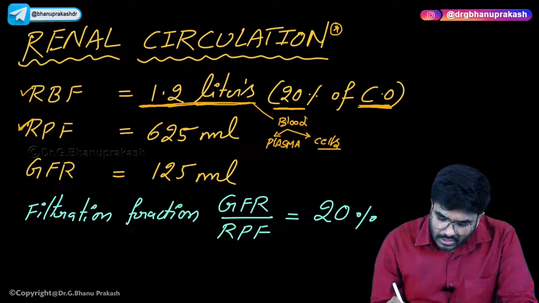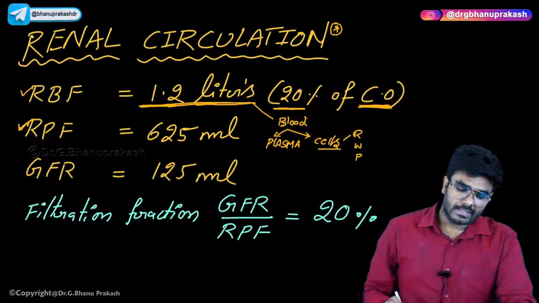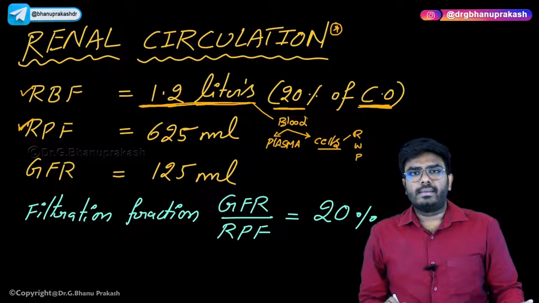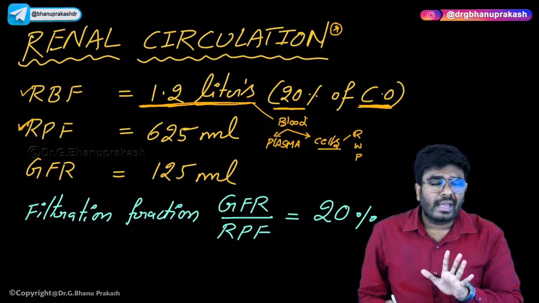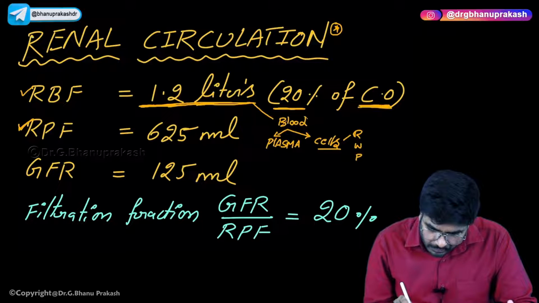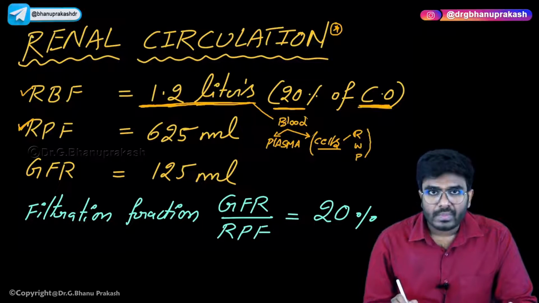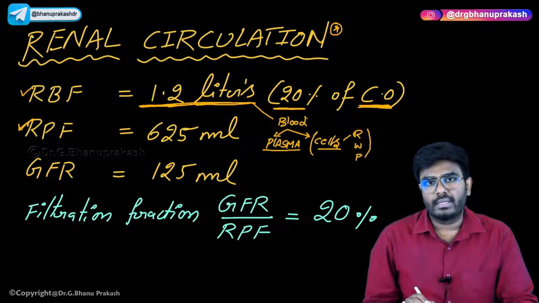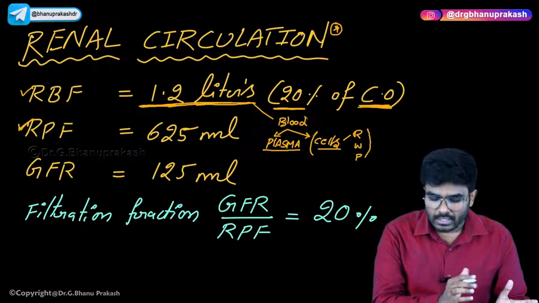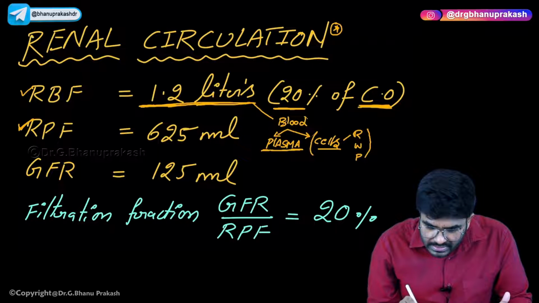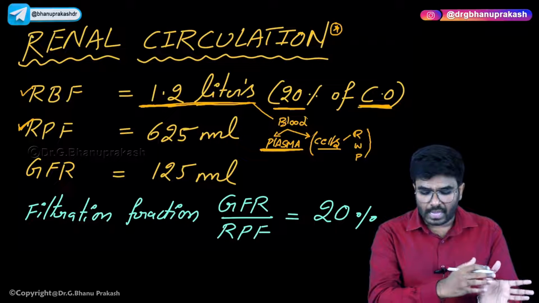The cells include RBC, WBC, platelets, all these things. Now let me ask you one thing. Are your RBC, WBC, platelets going to be filtered? Actually no. So from the blood, if you take the cell component away, what are we left with? Only the liquid component, which has all the waste products. So only this liquid component we have to take into account.